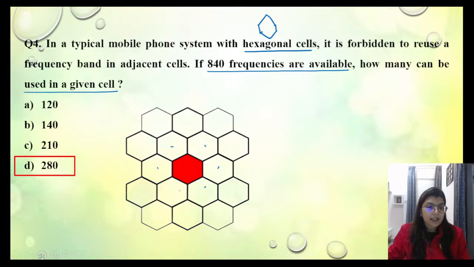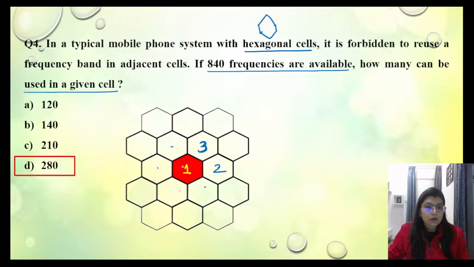That means if I have given this cell frequency band 1, then to the adjacent cells I cannot give frequency band 1, right? So I can give this one frequency band 2. Now this cell cannot have either 1 or 2, so it will have frequency band 3.